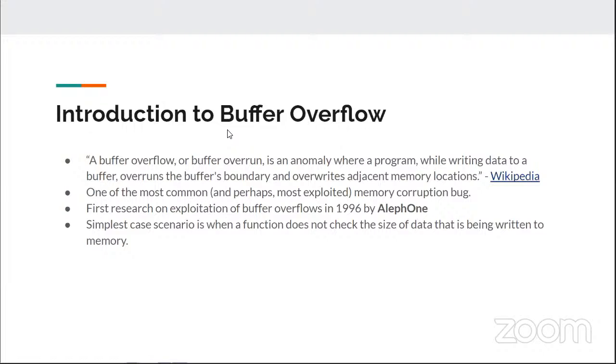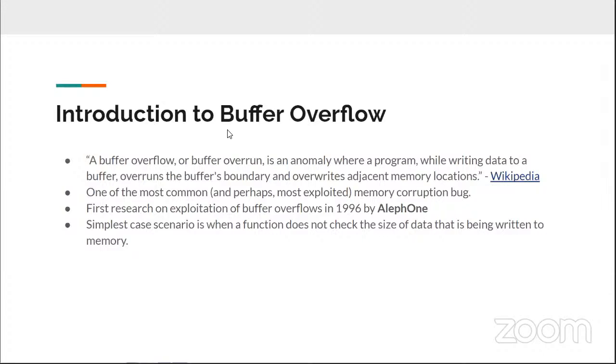Now, if the input size is more than 20 and the program is not checking properly, then you might be able to overwrite the adjacent memory locations by the remaining size of the input. For example, let's suppose your input size is 24 bytes, but the input array has only 20 bytes of space. So what will happen to the remaining 4 bytes? Essentially, they will get written after those 20 bytes, in the nearby memory locations.